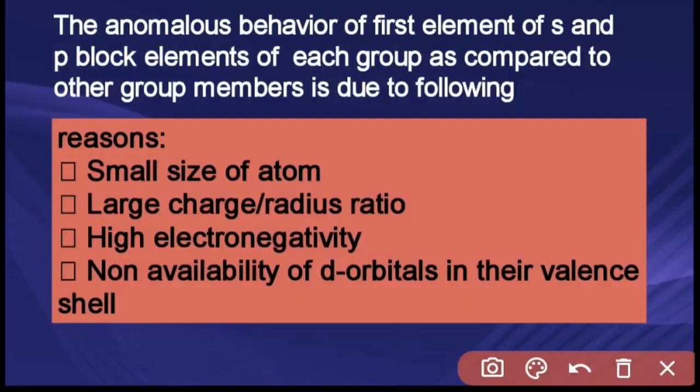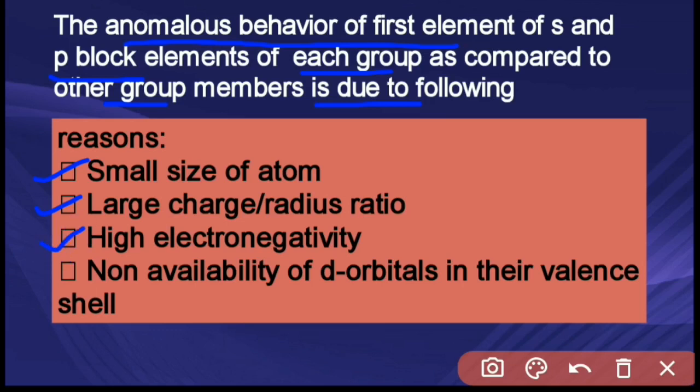Next topic is anomalous behavior of the first element of s and p block elements of each group as compared to other group members, which is due to the following reasons. It means the first element of each group shows behavior different from other group members due to the small size of the atom, large charge radius ratio, and high electronegativity.